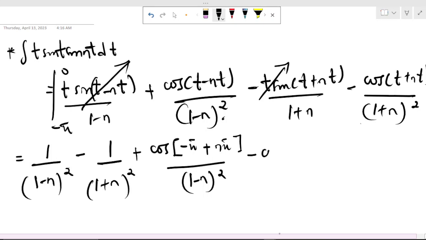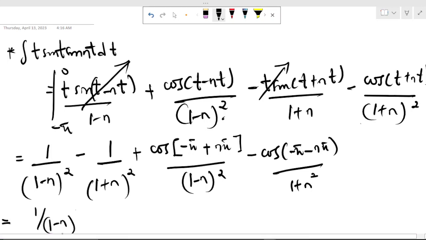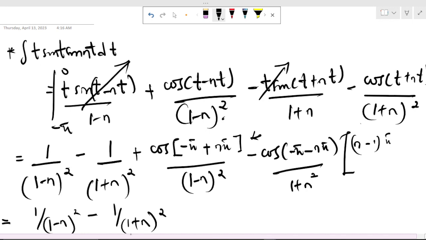Then we have minus pi minus n pi over 1 plus n squared. So this will lead us to 1 over 1 minus n all squared minus 1 over 1 plus n all squared. Now factorizing here, we should have n minus 1 pi. So this gives us plus minus 1 raised to the power n minus 1.